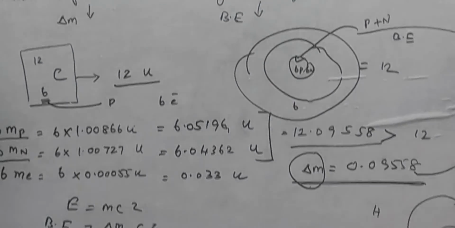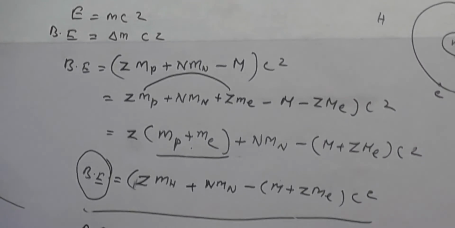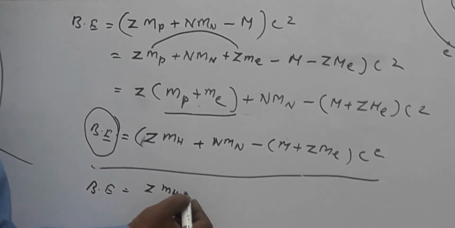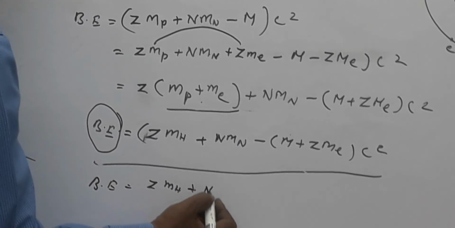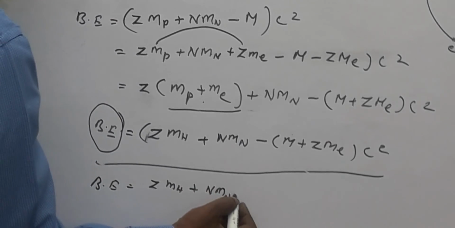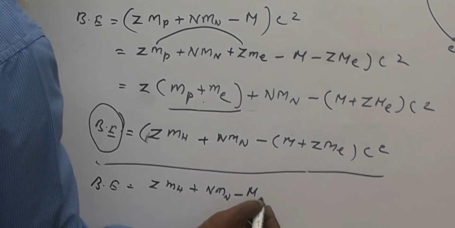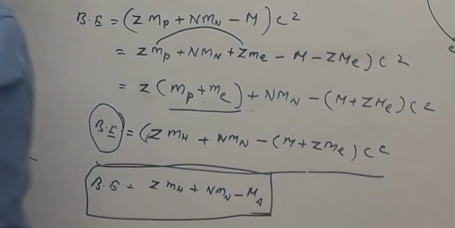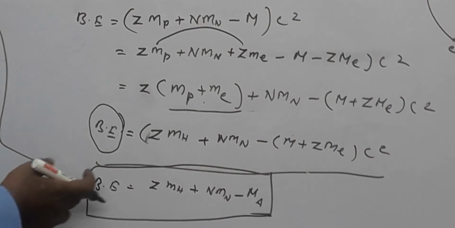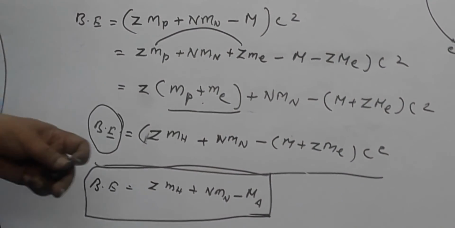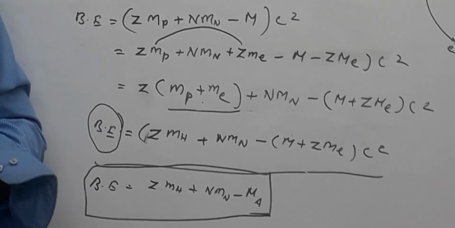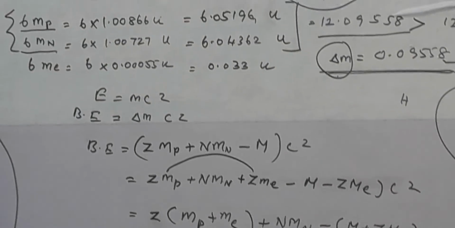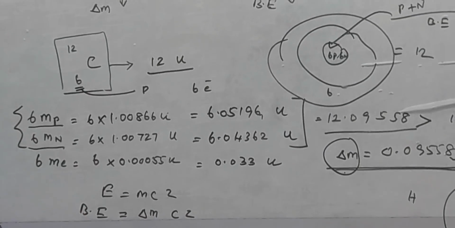Therefore, we can write binding energy is equal to Z MH plus N Mn minus M into c square. This is the final equation explaining the binding energy of any atom. Very, very important equation. You have to thoroughly understand this concept. This may be asked as a 5 mark question.